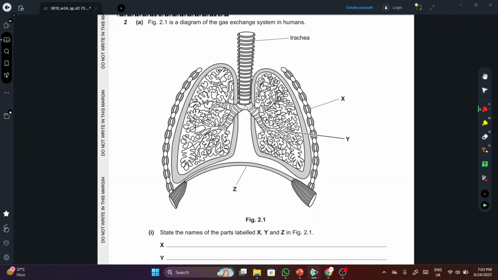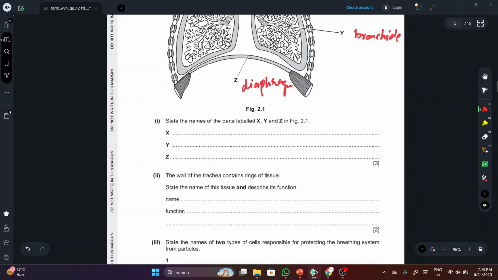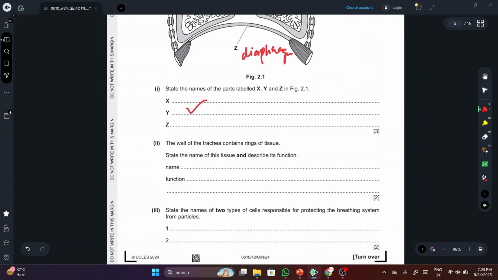If we label it, the X is our external intercostal muscles, the Y is bronchiole, and the Z is diaphragm, right? So this is the labeling of these structures.